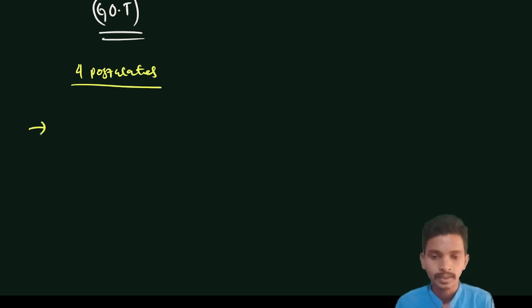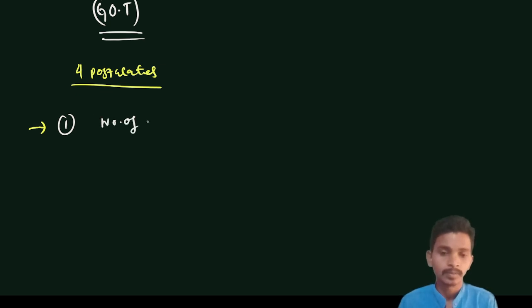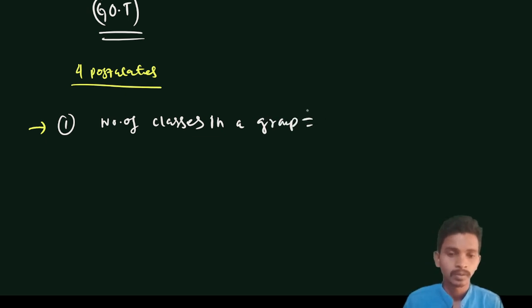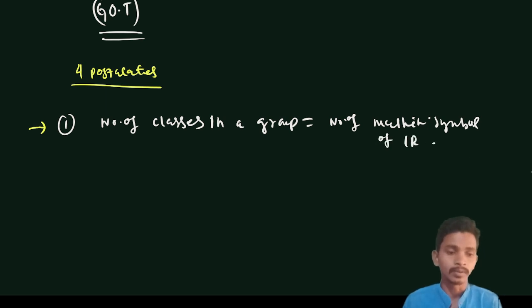First, the first postulate says the number of classes in a group is equal to the number of Mulliken notations or Mulliken symbols of irreducible representations in the group. IR means irreducible representation, that is already discussed.